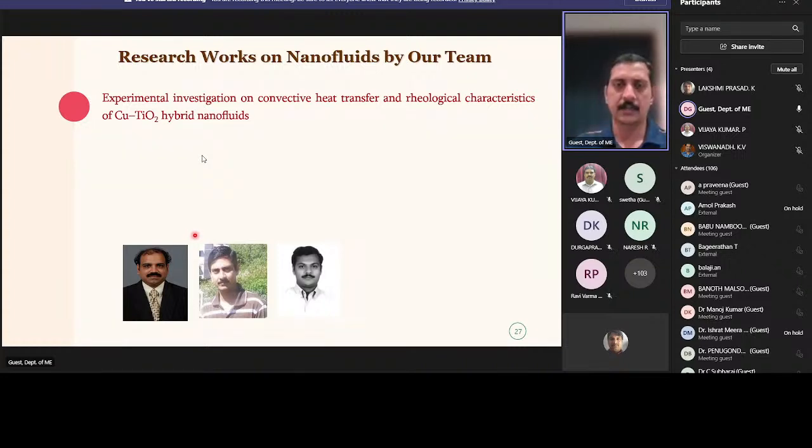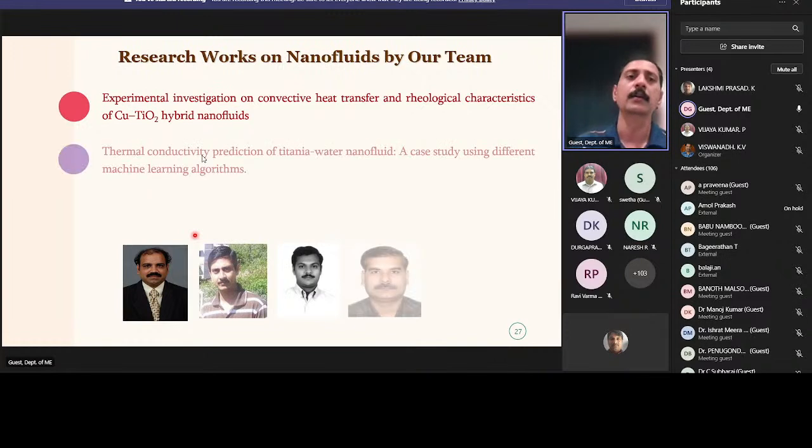We conducted rigorous experimental work on the copper titanium hybrid nanofluids, wherein we changed the volume concentration of the particles with respect to the base fluid. The base fluid which we used was distilled water, and we also examined the rheological characteristics of this fluid, and we came up with some nice conclusions out of this work.